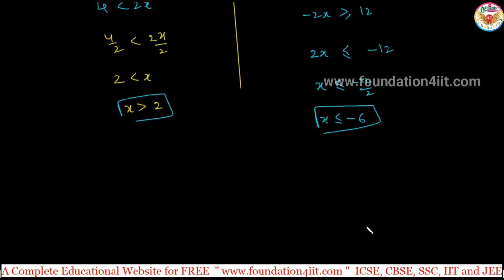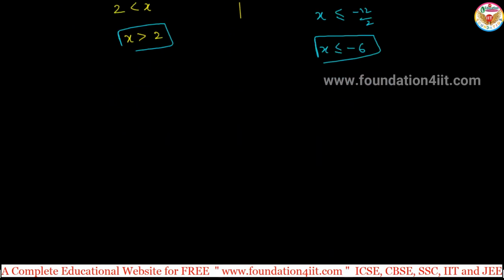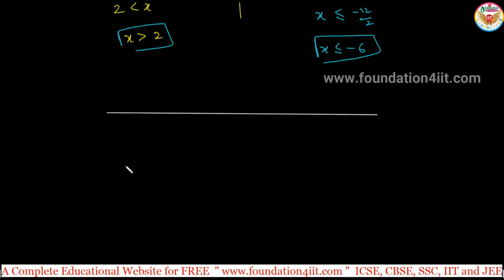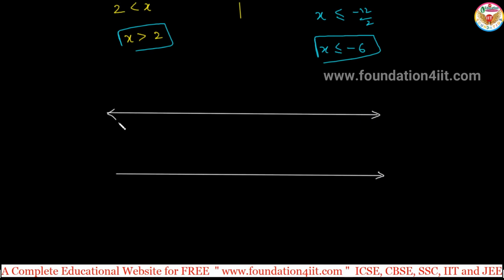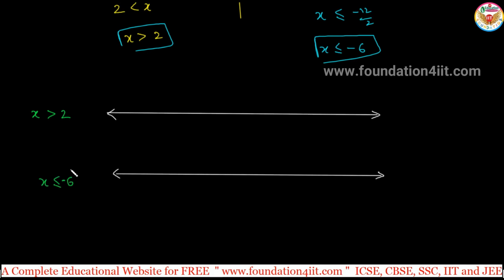So x is greater than 2 and x is less than or equal to minus 6. These two, we will take the common solution, representing these two together. Let me take two number lines of the same type, where x belongs to real numbers. First one is x is greater than 2, second is x is less than or equal to minus 6.